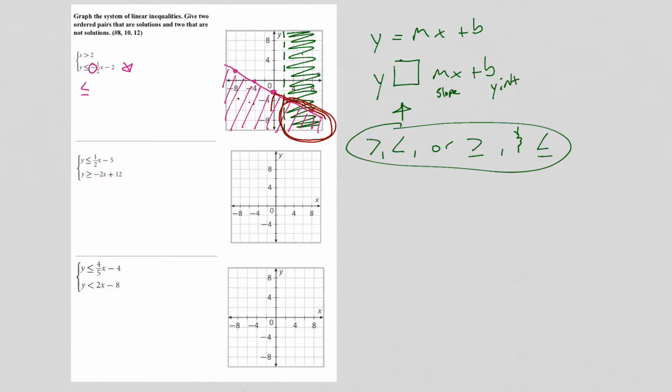In this part only one of the line's conditions is met, but where they both overlap they are both met. So that's the key critical part of understanding systems of linear inequalities, is you're looking for the region that's shaded by both lines.